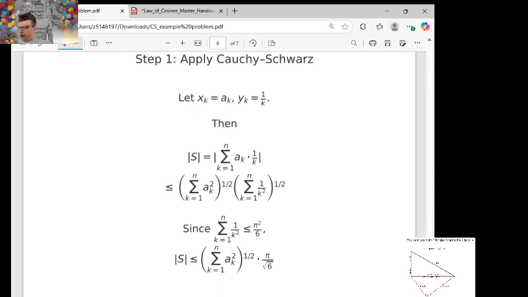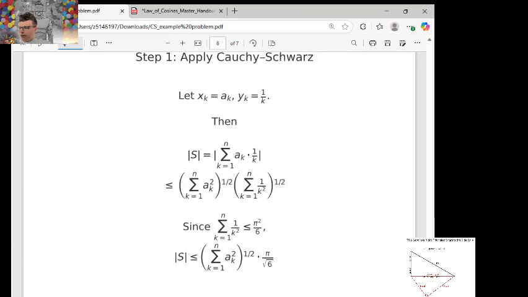Now the inequality allows us to split both sides because we know that the left-hand side is smaller than the right-hand side. And the right-hand side was the magnitude, if you remember. We had that x dot y is less than or equal to the magnitude of x and the magnitude of y.